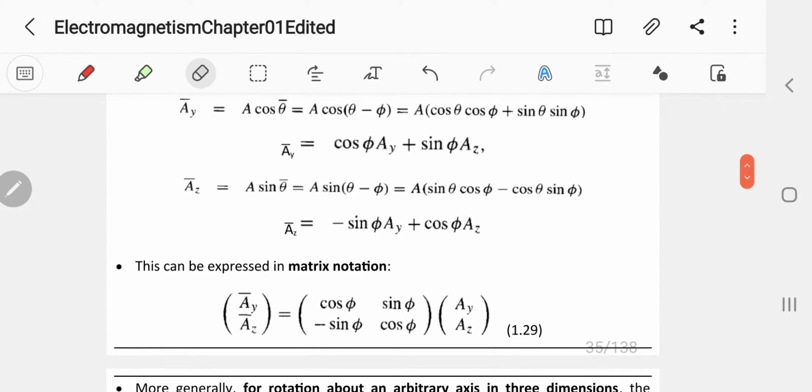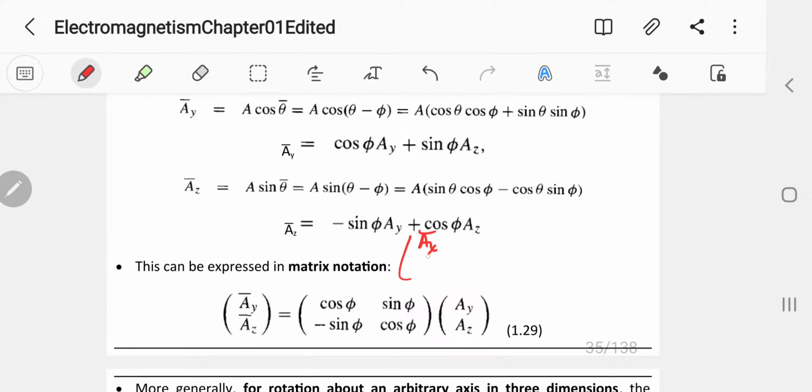So in general, since you also have A bar x equal to AX, in general your 3x3 matrix would be this one.